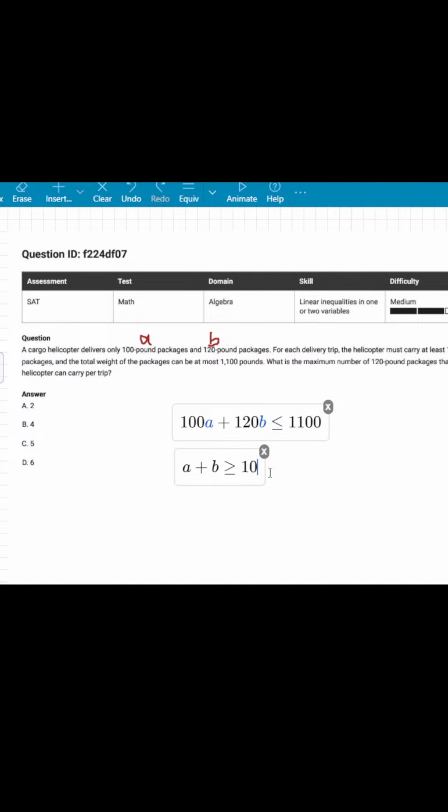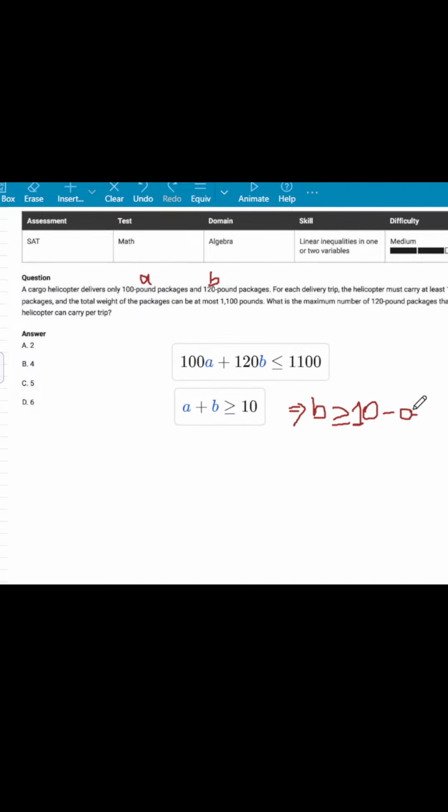For that, let us derive something from this equation first. So we can write that B must be greater than equal to 10 minus A. Okay, so this is the inequality we have.